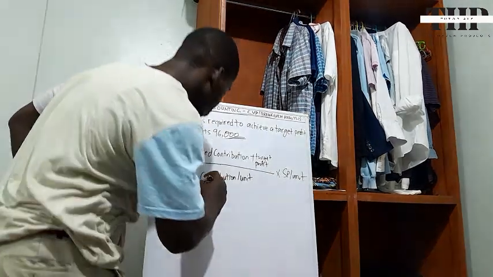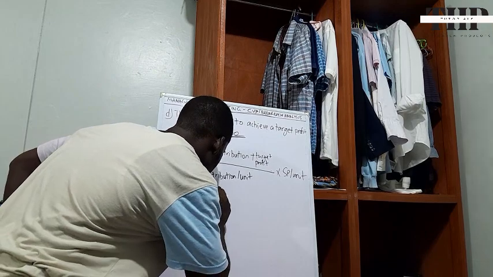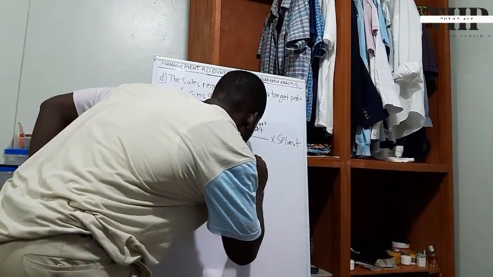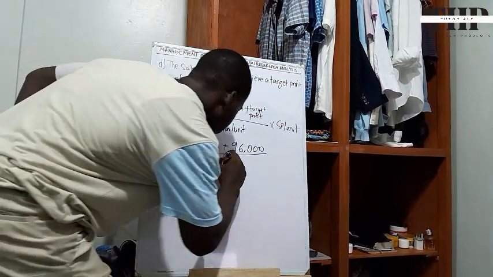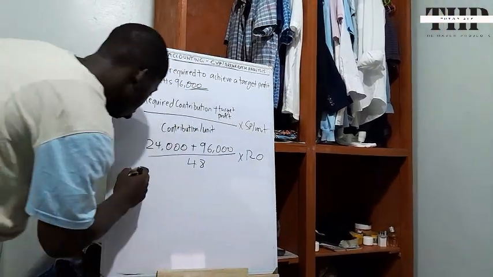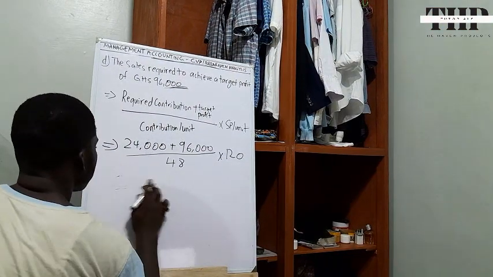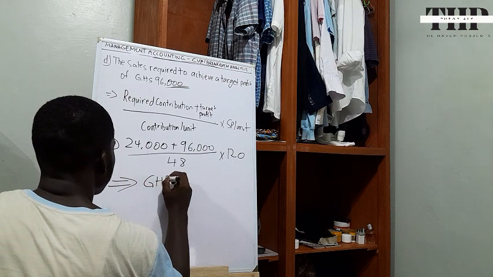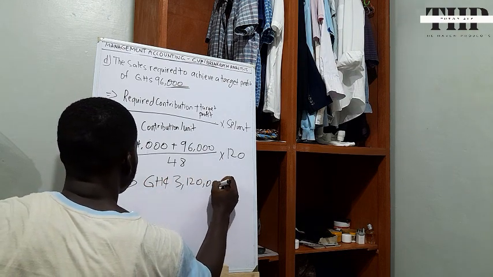The required contribution was 24,000 plus 96,000, divided by 48, times 120. You get 3,120,000 Ghana cedis.